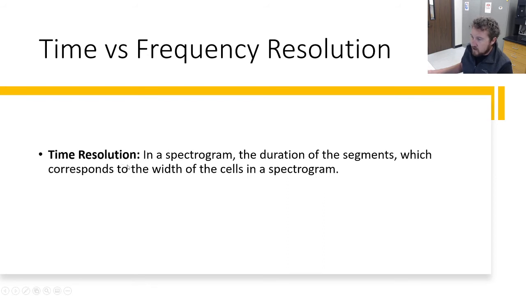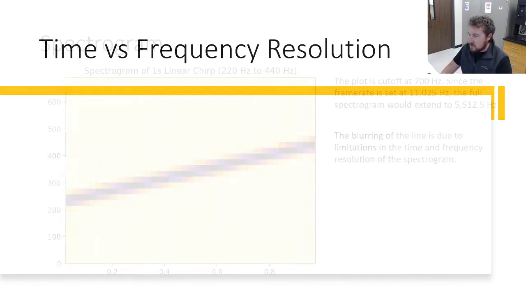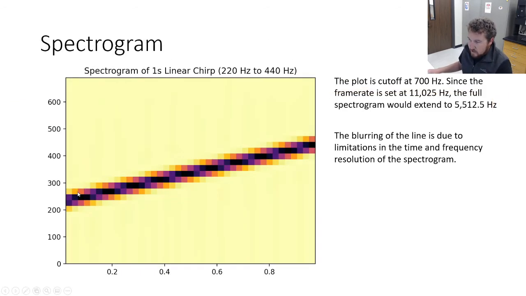The definitions here are pretty obvious. Time resolution, in a spectrogram, is the duration of the segments, which corresponds to the width of the cells. If we ask how much time the width of each of these cells represents, that's our time resolution. Frequency resolution is going to be the vertical size of our cell.